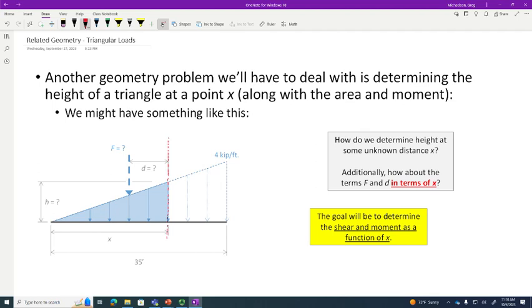If this distance is x, what is this distance, the distance from my section cut to the concentrated force that's statically equivalent? How far is it from here to here? If this is x, what's that distance? A third of x, right? It's a triangular load. So this distance right here, d in this case, is going to be x over 3, okay?